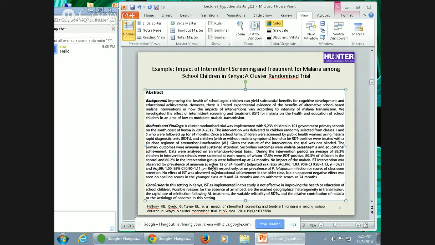So this is a very common and good practice, to report your point estimate, your 95% confidence interval, and a p-value. These go hand in hand, and they provide complementary information.